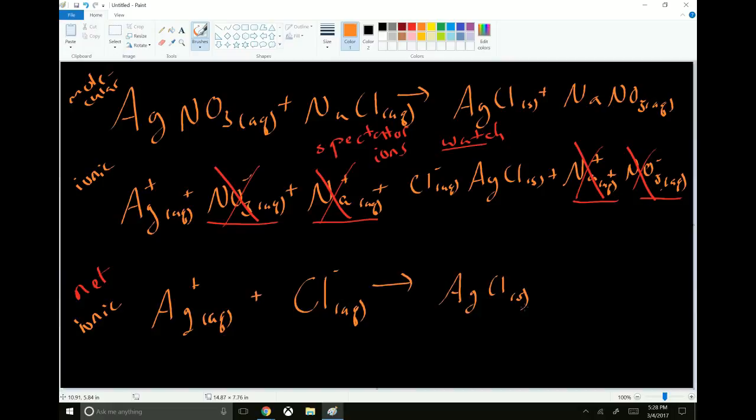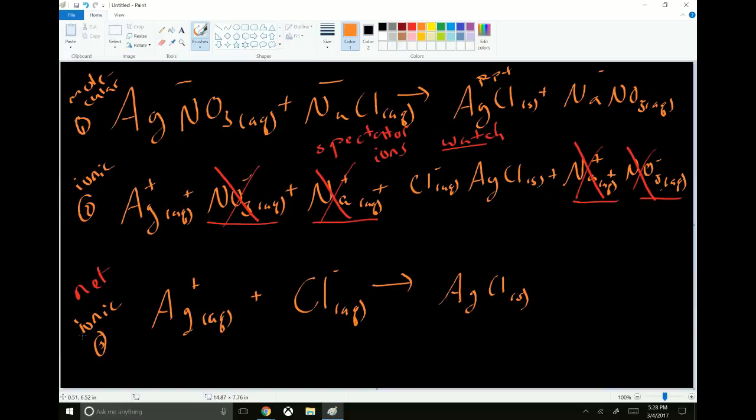So those are the three kinds of equations. And this up here shows you the two solutions you're mixing together, and what you get is a solid precipitate, which I abbreviate normally as PPT, an insoluble precipitate and the soluble salt that stays behind in solution. Down here you write down the full ionic equation, number 2, so 1, 2, and 3.